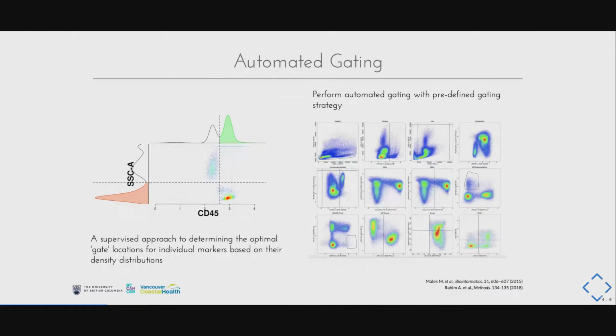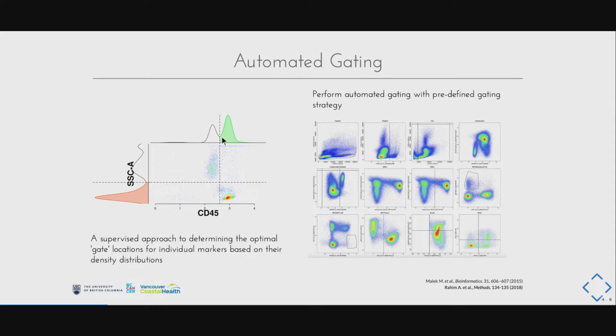So let's first look at automated gating on 2D scatter plots. This method was invented by Ryan Brinkman's lab here at BC Cancer. When a human expert performs the gating, we always place a gate based on the density distribution of the events in 1D or 2-dimensional space. These plots show granulocytes and lymphocytes forming two different density peaks on either the CD45 or side scatter plot.